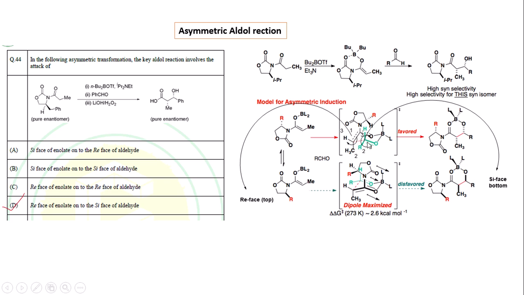Here this is the bottom face, and the carbonyl group is 1 and the alkyl group is 2 and hydrogen is 3, and this can be rotated in that way, 1, 2, 3. This is also clockwise, but it is considered from the bottom, so it becomes the Si face. So one is the Re face of the top, another is the Si face of the bottom.